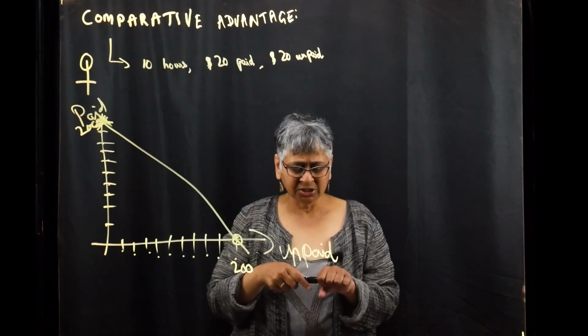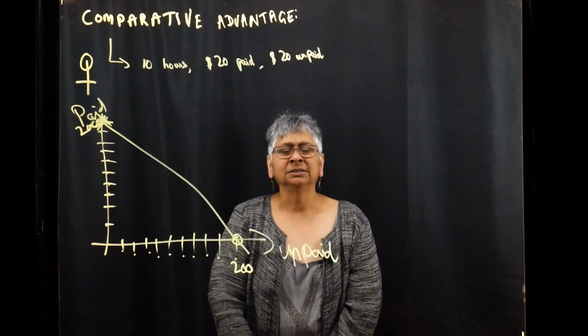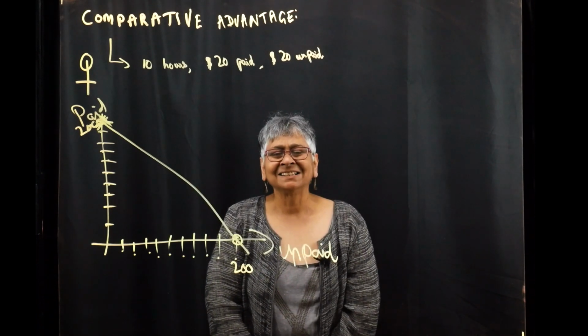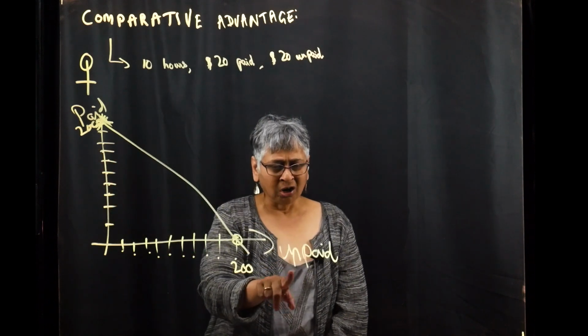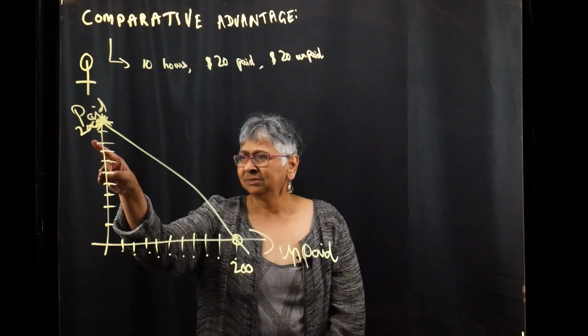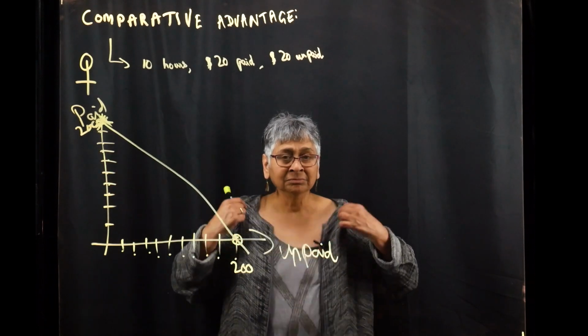Constant returns to scale, straight line. Dollar to dollar, that's the cost, opportunity cost. For every dollar of unpaid labor, she has to give up a dollar of paid labor. Fine?